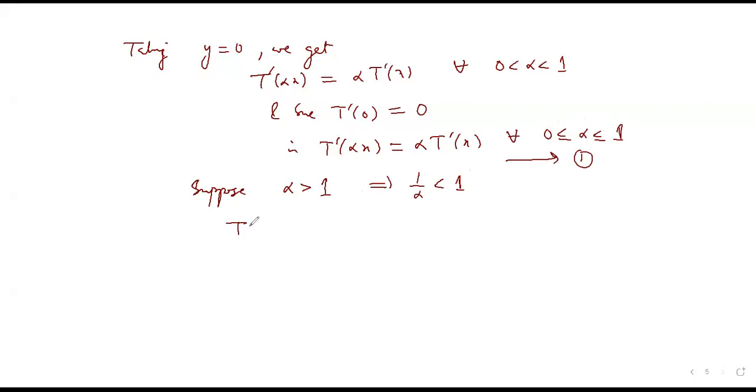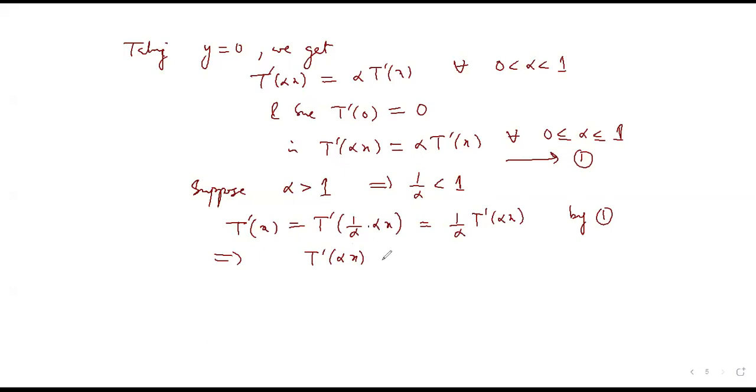Okay, so T dash of x can be written as T dash of 1 by alpha into alpha x. And since 1 by alpha is less than 1, it would be 1 by alpha into T dash of alpha x, which would imply that T dash of alpha x is equal to alpha times T dash of x for alpha greater than 1.